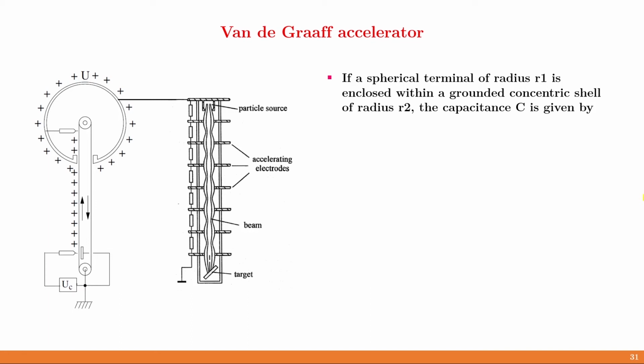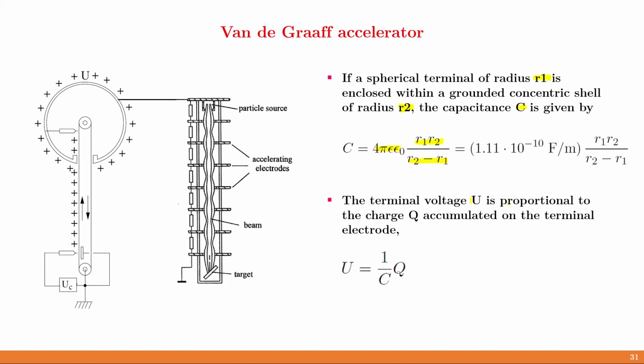If a spherical terminal of radius R1 is enclosed within a grounded concentric shell of radius R2, the capacitance C in that case will be given by 4 pi epsilon 0 epsilon R1 R2 divided by R2 minus R1. So this is equal to 1.11 times 10 raised to minus 10 farad per meter times R1 R2 over R2 minus R1.